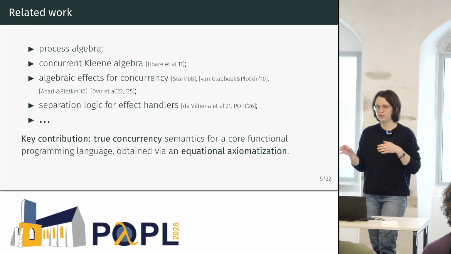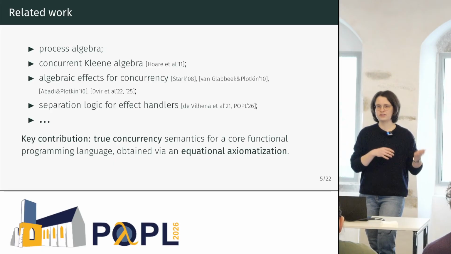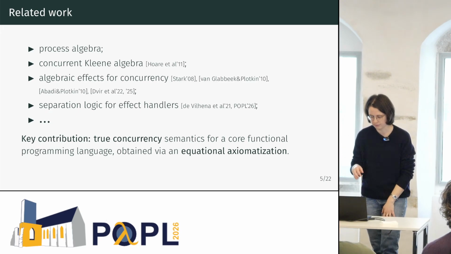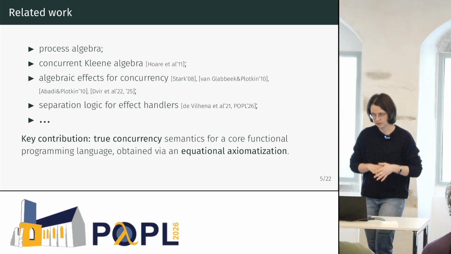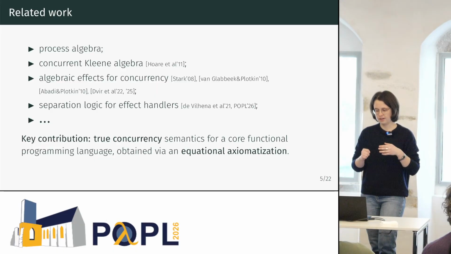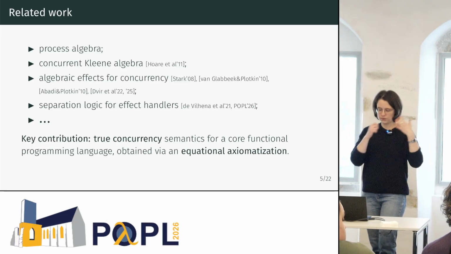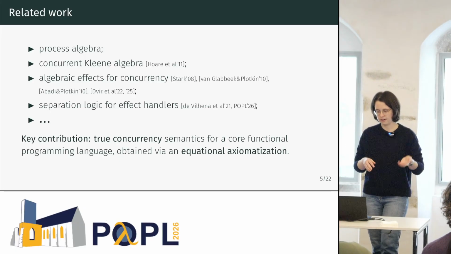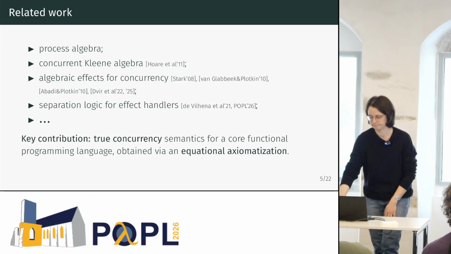There's been work on using separation logic to reason about effect handlers that implement concurrency, and we've seen some of that at POPL this year. But the key contribution of our work is that we give a true concurrency semantics to a functional programming language, and we do this through an equational axiomatization.